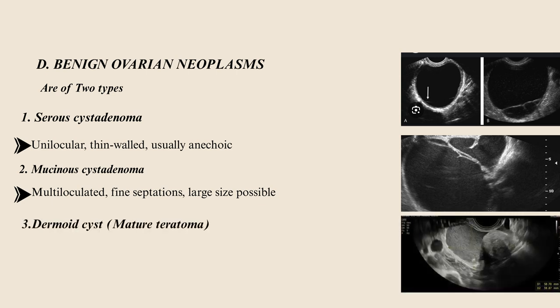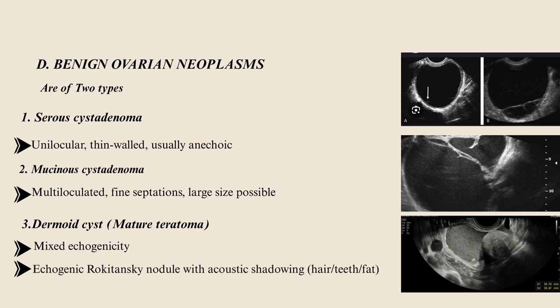Dermoid cyst or mature teratoma. It is mixed in echogenicity. Echogenic Rokitansky nodule with acoustic shadowing of hair, teeth, or fat is there, and it gives an appearance of tip of an iceberg sign.